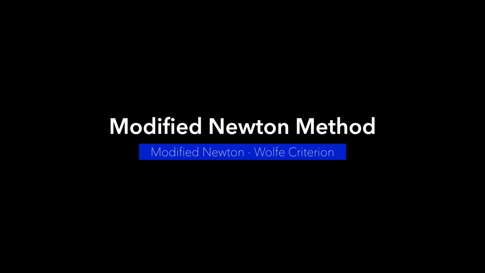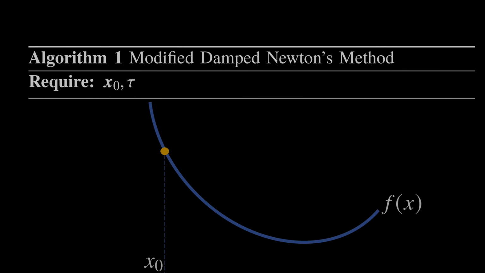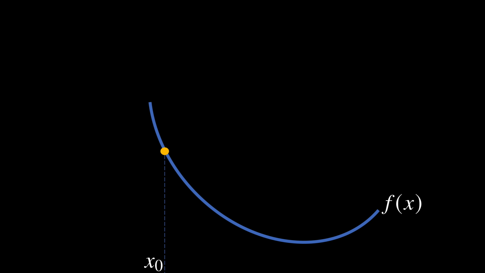First, let's talk about the modified damped Newton's method and why it works. We first input an initializer and, like Newton's method, we use curvature information, that is, information relying on the Hessian, so as to take a directed route. Damped Newton, just like Newton's method, makes a local quadratic approximation of the function based on information from the current point, and then jumps to the minimum of that approximation.